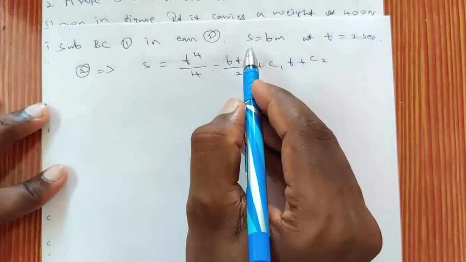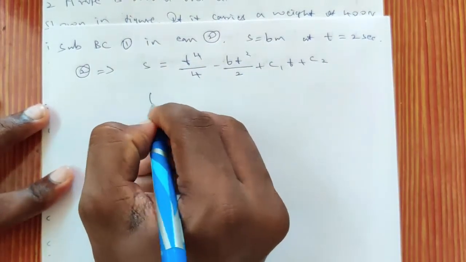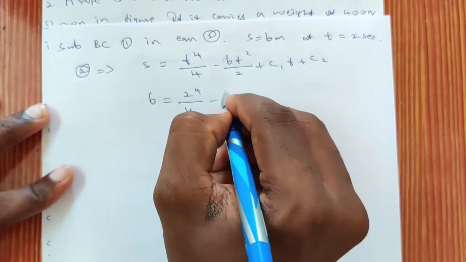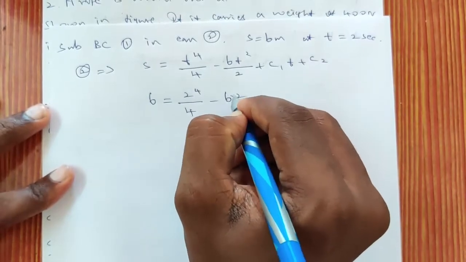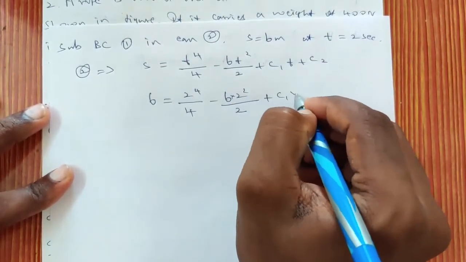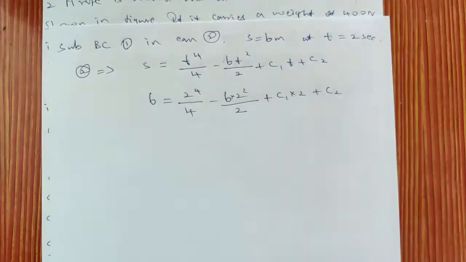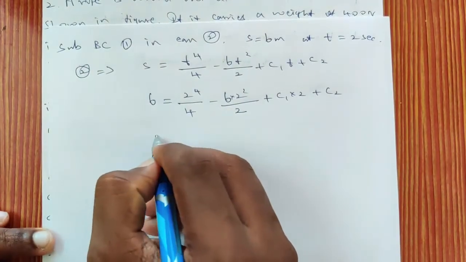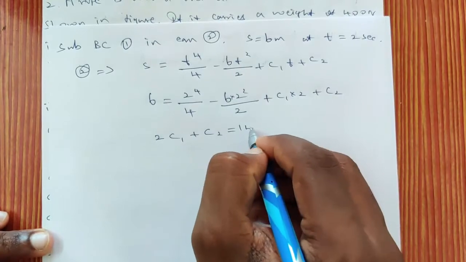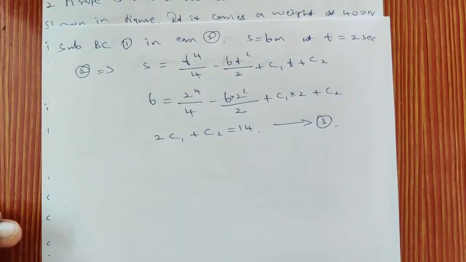So in this equation substitute s = 6 meter and t = 2. So 6 = 2^4/4 - 6 × 2^2/2 + c1 × 2 + c2. If you solve this, you will get an equation like this: 2c1 + c2 = 14. Keep this as equation number 3.